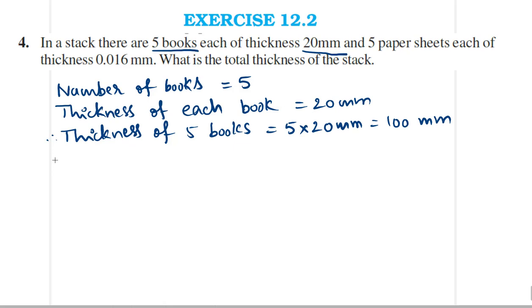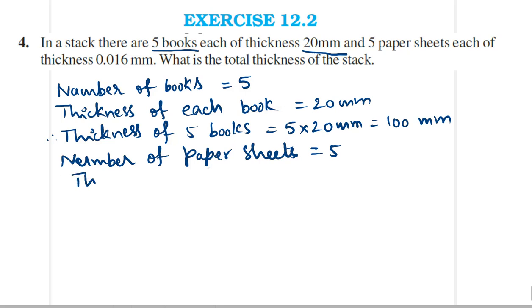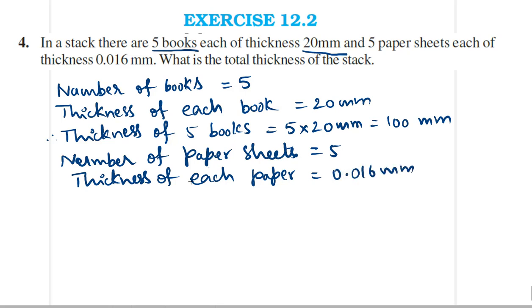Now let us take the paper sheets. How many paper sheets are there? 5 paper sheets. So number of paper sheets is equal to 5. Thickness of each paper is equal to 0.016 millimeter.